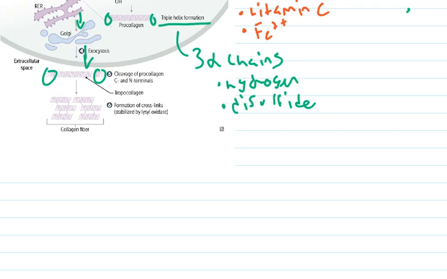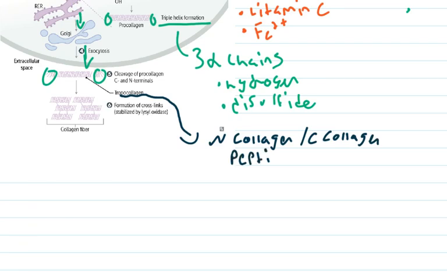So essentially what happens is we get two enzymes to come in, which are N-collagen and C-collagen peptidases. Not an English major. What these peptidases do is they cleave those C termini and N termini ends of the procollagen, creating the monomer form and almost the final form of our collagen.